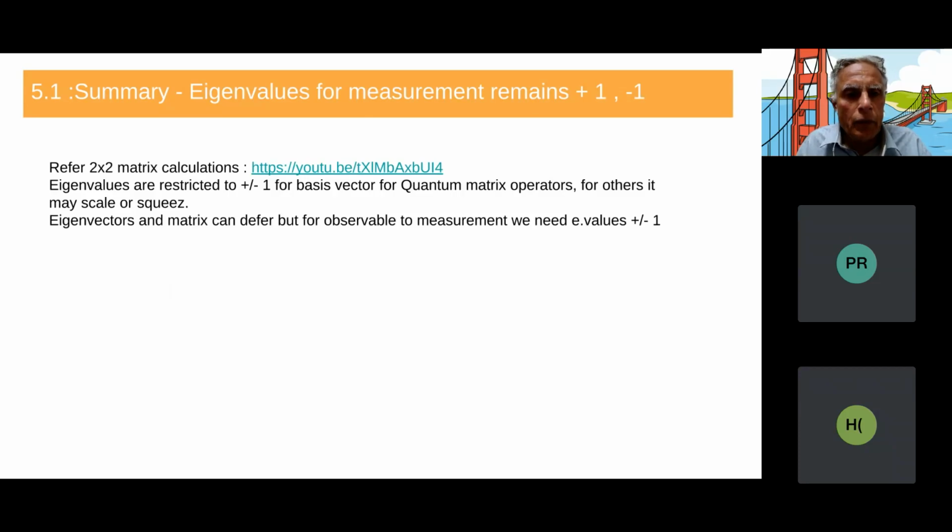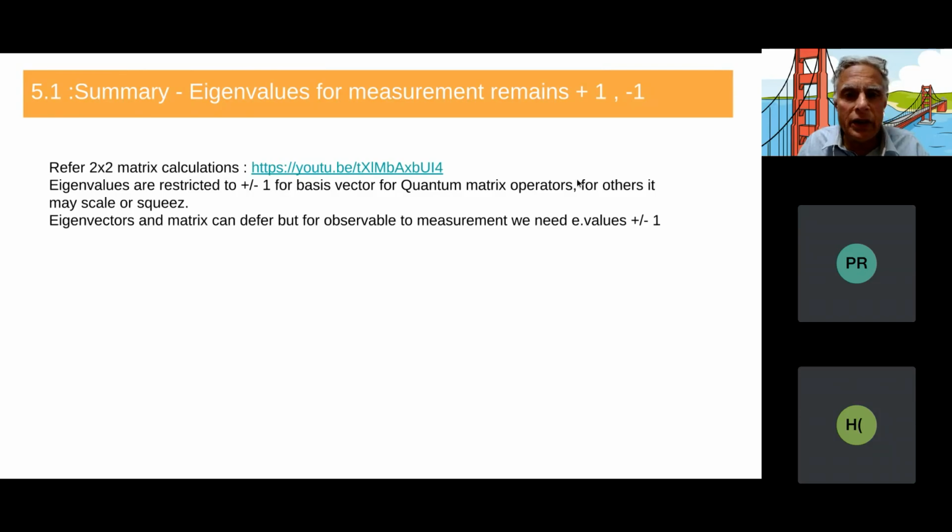The only condition we are restricting is that the eigenvalues be plus or minus 1. Whatever the eigenvector turns out to be, we can always normalize it, provided we have measured on the basis of z, which is the normal default we take. If we are measuring with respect to sigma z, then we can accept it.